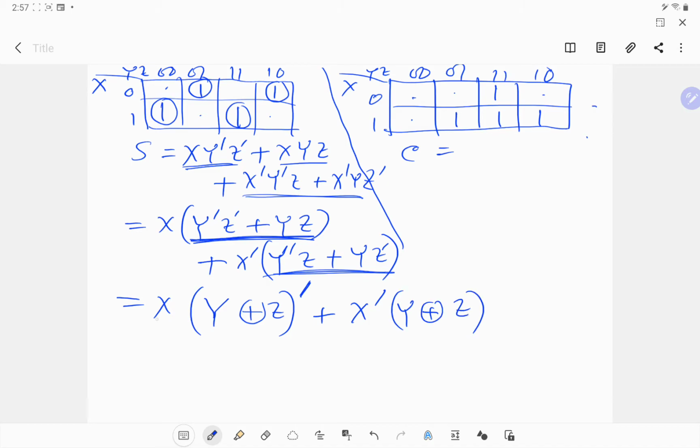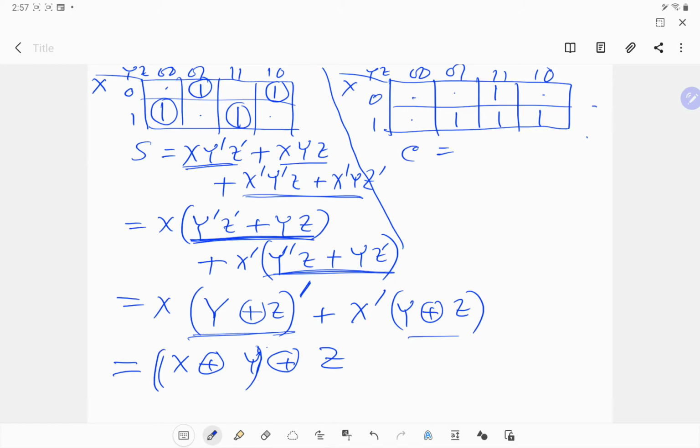So we can write x with this prime and x' with this. So this is another exclusive OR. We can keep the bracket here or there, it doesn't matter; we can give a bracket or not, both are okay.